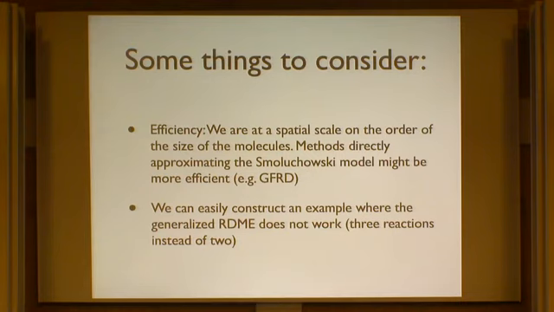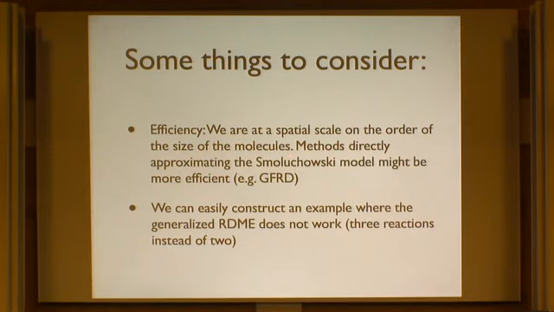Some things to consider. First of all, it works, but I have to say something about efficiency. Obviously, in this case, we're at a spatial scale that is on the order of the size of the molecules, which means that we'll simulate a lot of diffusion jumps. So this method is not going to be efficient if you just have a uniform fine mesh.